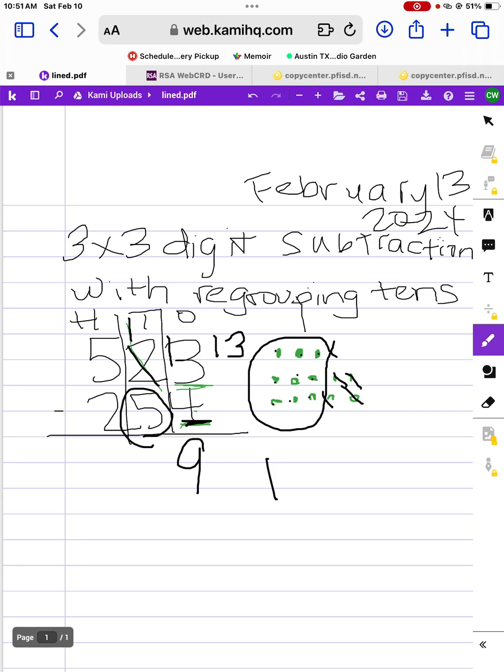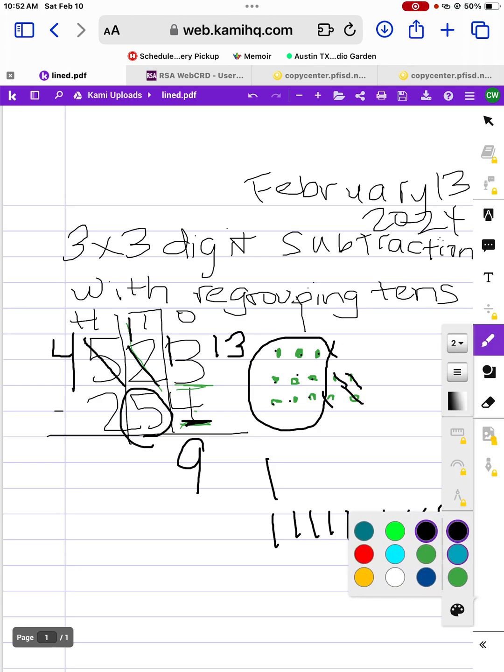So I need to borrow or regroup this 100. So I'm going to take 100 away from here. So now I only have 4 hundreds. But the number doesn't just disappear. I'm just moving it. I'm regrouping it to the tens place. And I'm going to show my new tens. Remember, 10 tens make 100. So 1, 2, 3, 4, 5, 6, 7, 8, 9, and 10.